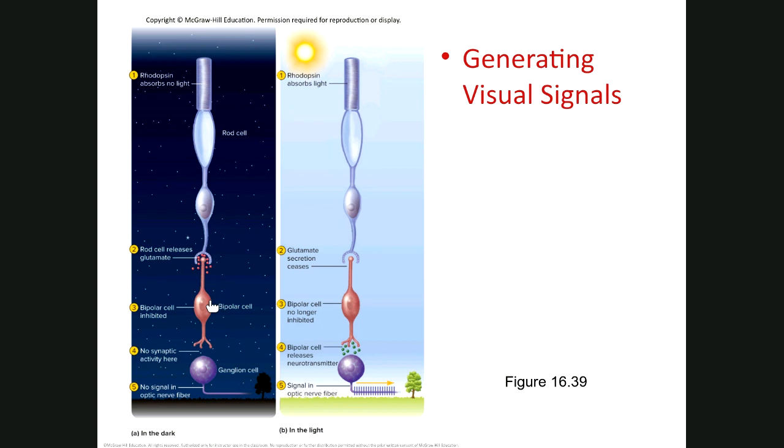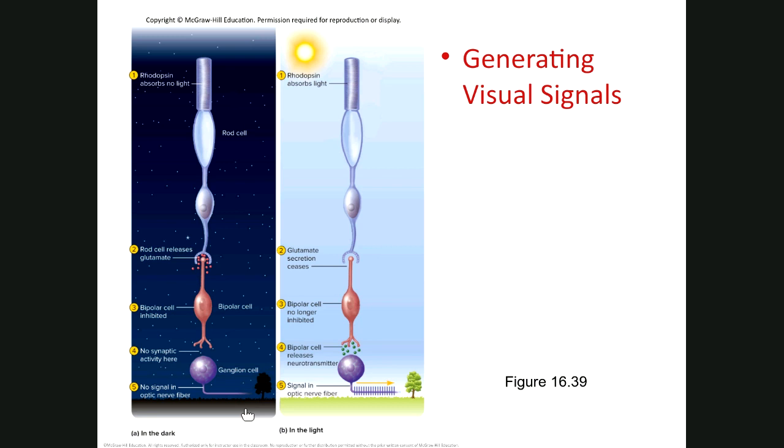The bipolar cell in particular will not get excited. In fact, it will not react with the ganglion cells, and therefore no signal is produced. The brain sees it as no image, like a negative. There's no action potential produced, so you don't make an image, and that's basically what it is because it's dark.